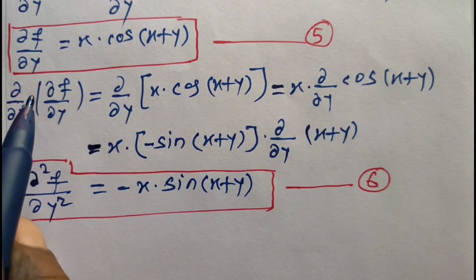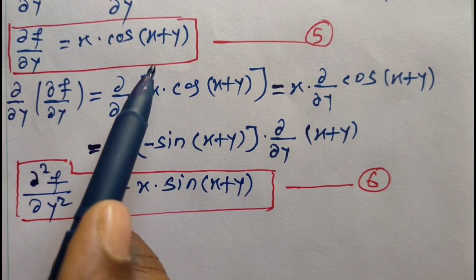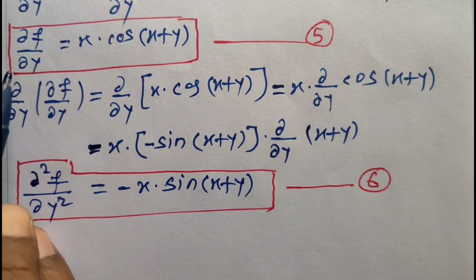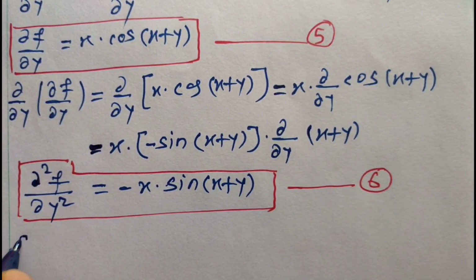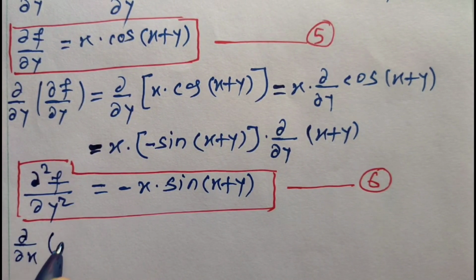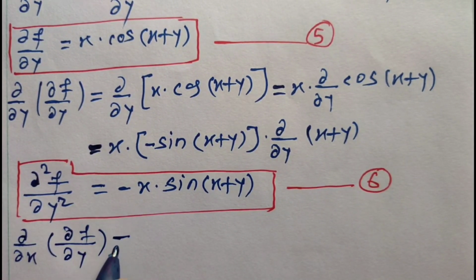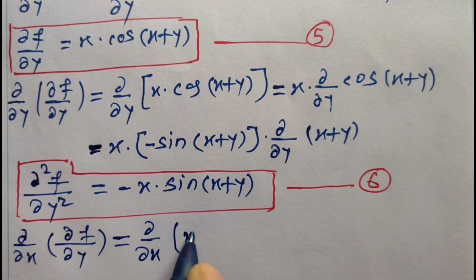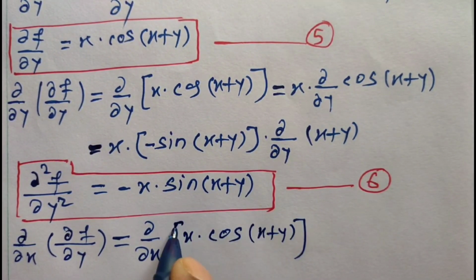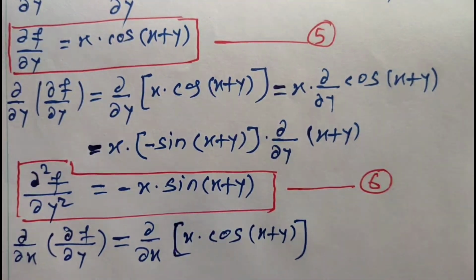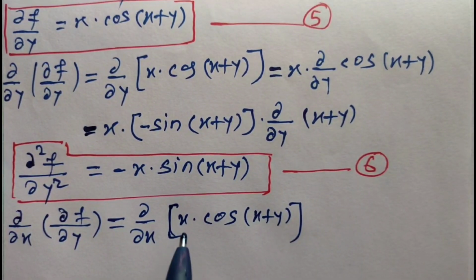Now, on both sides of result number 5 we have to partially differentiate with respect to x. So the partial derivative with respect to x of the left hand side, del f by del y, is equal to the partial derivative with respect to x of the right hand side, x into cosine of (x plus y). Now here we are partially differentiating with respect to x. x is the first function and the second function is the cosine function.